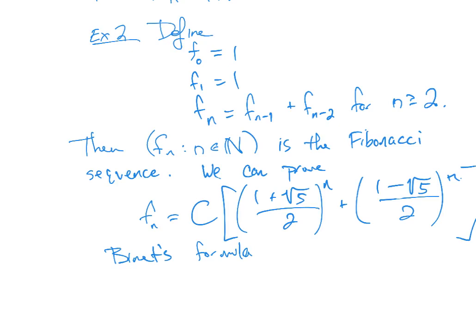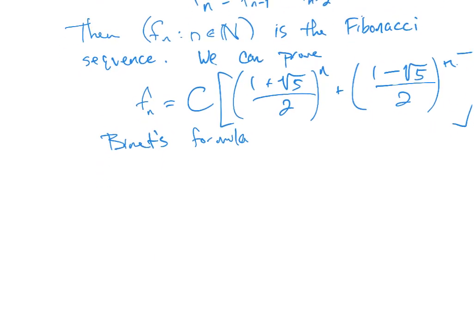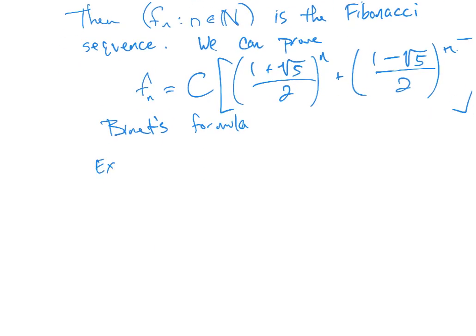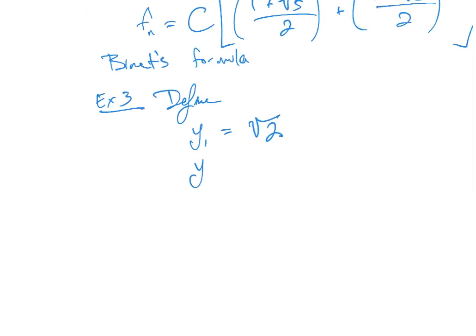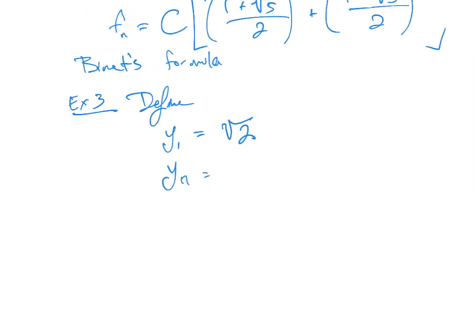Okay. Final examples of a sequence. We could define, let's say, y sub 1 equals square root of 2. This is a classic Calc 2 problem. And we could say y sub n is the square root of 2 plus y sub n minus 1 for n at least 2.